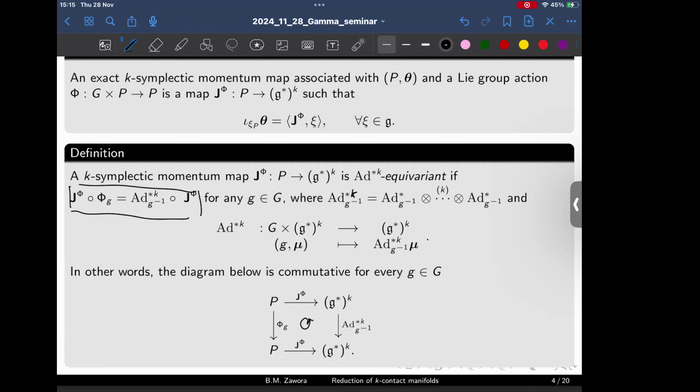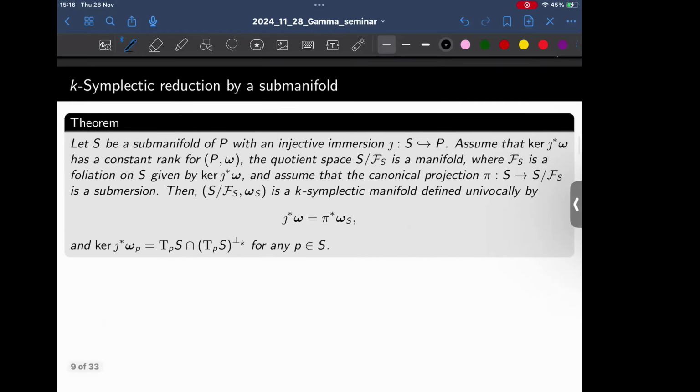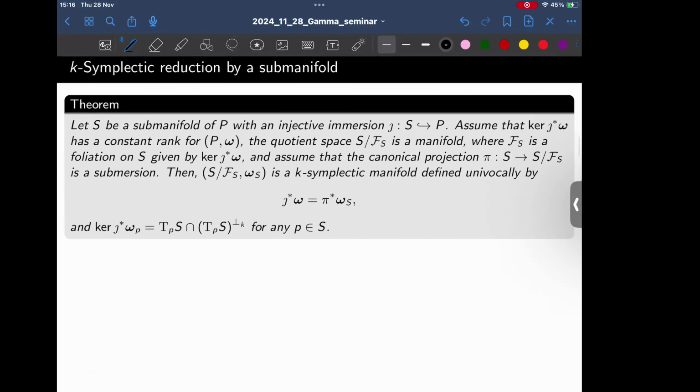Since we deal with exact k-symplectic momentum maps, these are always Ad_k-equivariant, so we restrict ourselves to Ad-equivariant momentum maps.